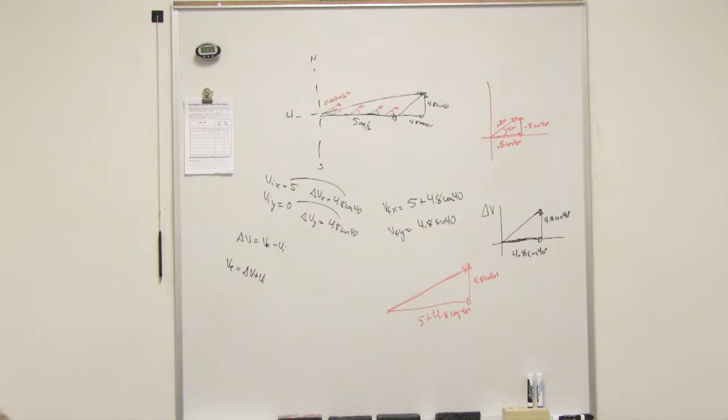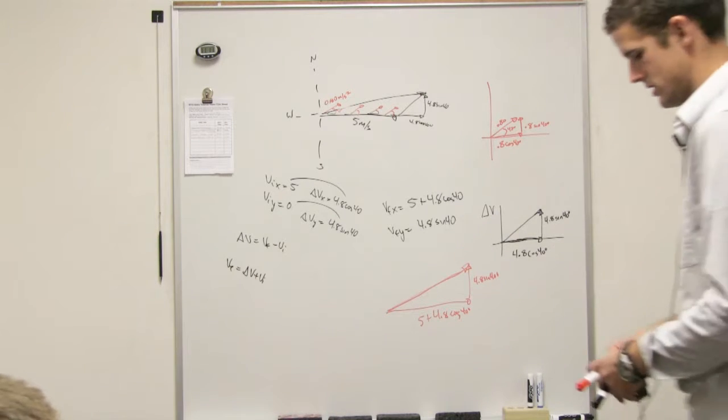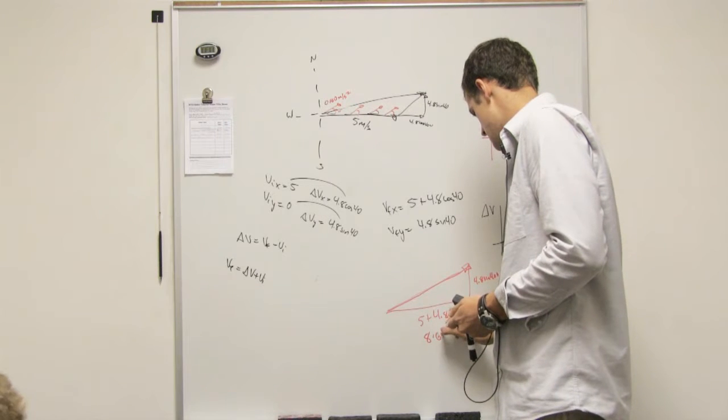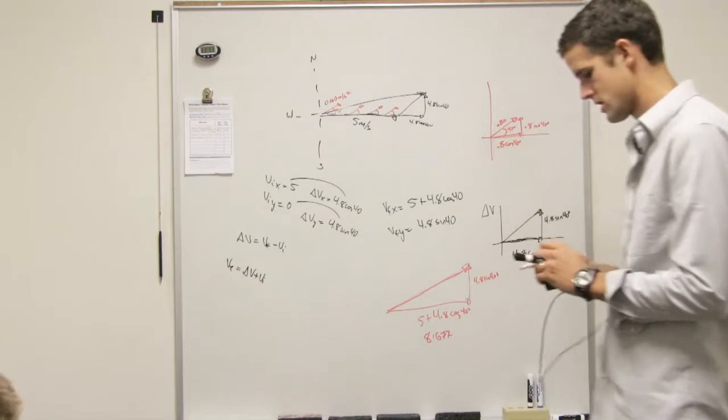8.677 for 5 plus 4.8 cosine 40. And you square that.